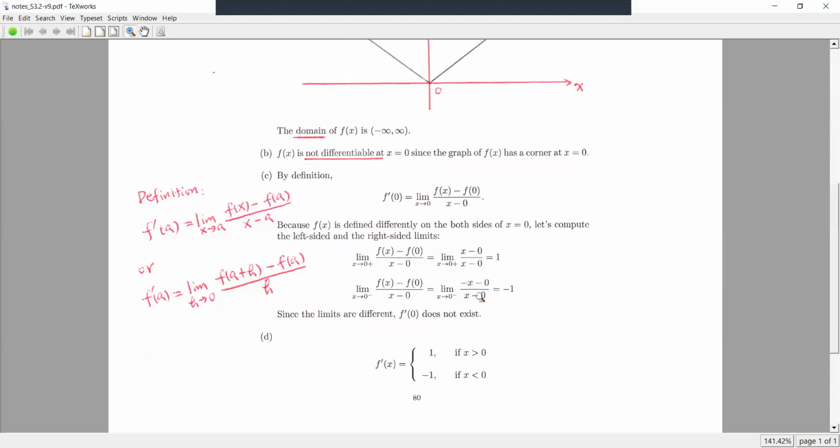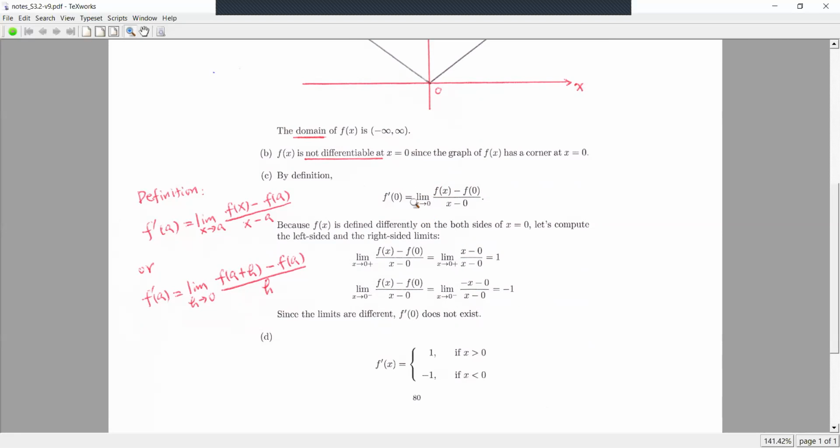It is negative 1, a constant. So the limit when x approaches 0 from the left side, of the constant function negative 1, is negative 1. So the left-hand side limit at 0 is negative 1.